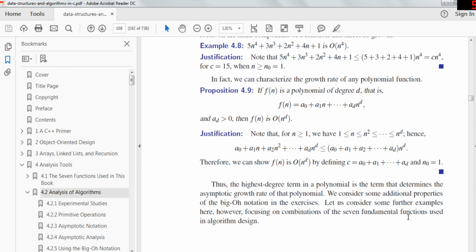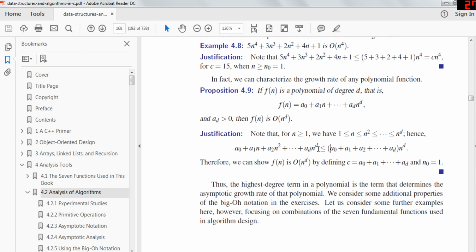Okay, hence a naught plus a1 times n plus a2 times n squared and so on is less than or equal to adding them all up. Basically saying that if you add up all the coefficients of any polynomial, it is always less than or equal.